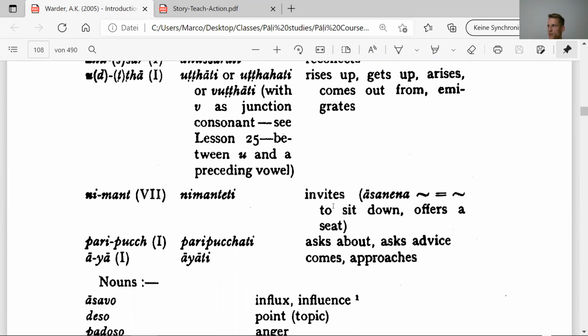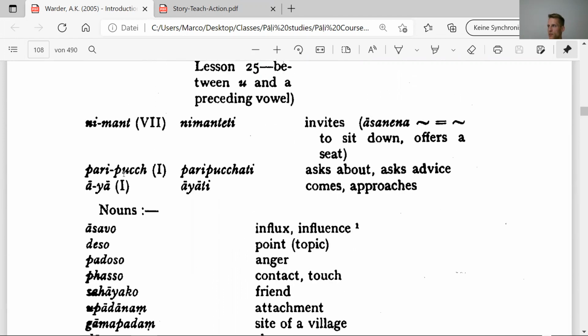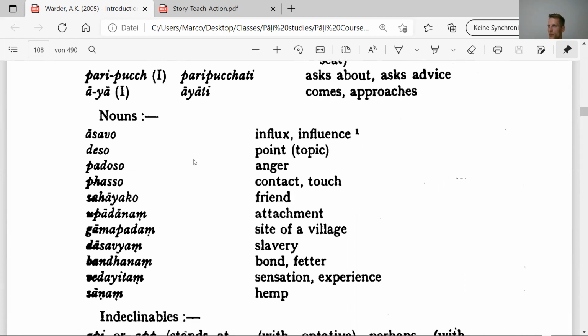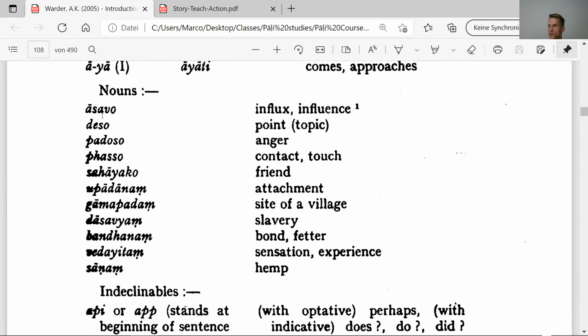Nimanteti, to invite, for example, asanena, to a seat, or to offer to sit down. Paripucchati, ask about, ask advice. Agacchati, to come or to approach. Masculine noun, asavo.